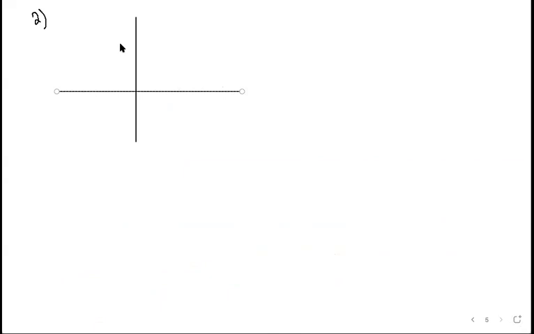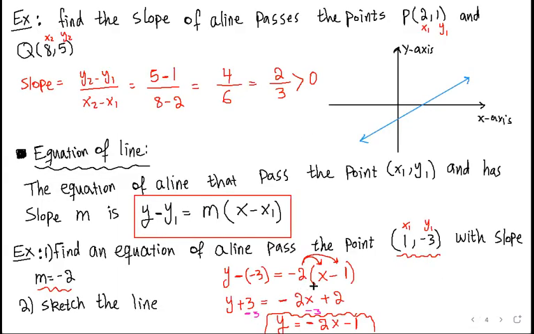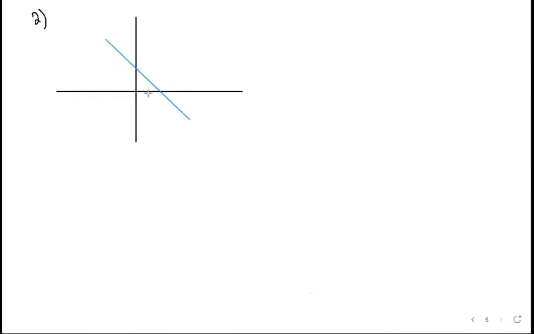And you already know 2 points, right? You know 1, -3, and if you plug in 0, the y-intercept is -1. Exactly. So if I plug in 0 here, it gives me 0 and -1. So here 0 and -1 would be down.